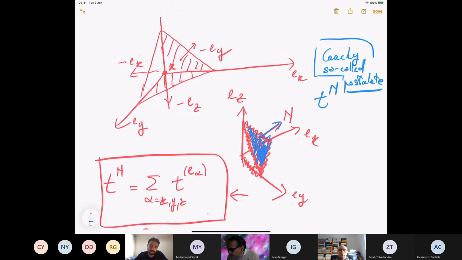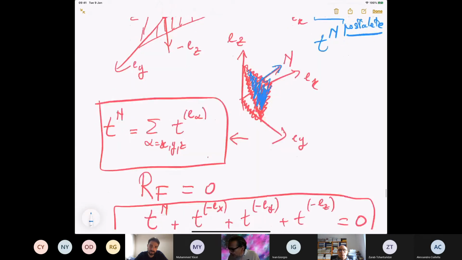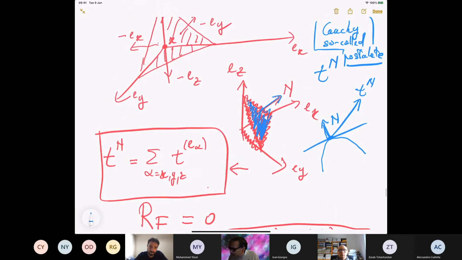Okay, so in Cauchy's postulate, if you have this surface or if you have this surface, they both have the same normal here. The force Tn per unit area, this is called Cauchy vector.